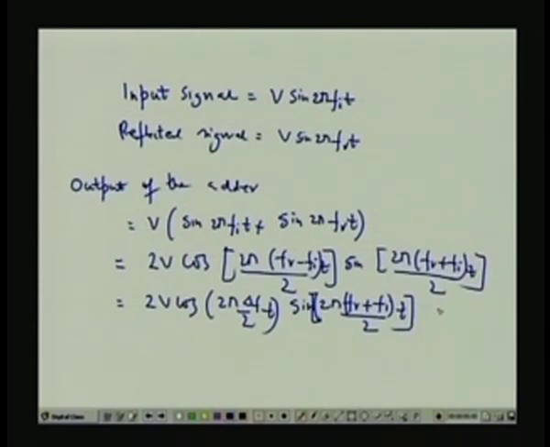So, you see these are equations of a modulated wave with the carrier frequency of this one, this is a carrier frequency, right, and the modulating frequency is delta F by 2, right. Now, let us make a blank page again.